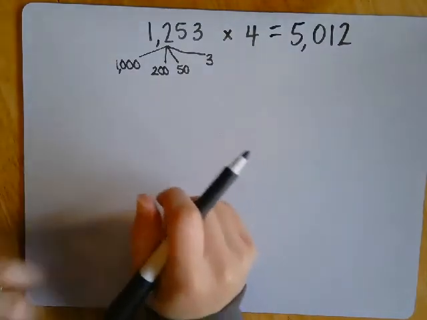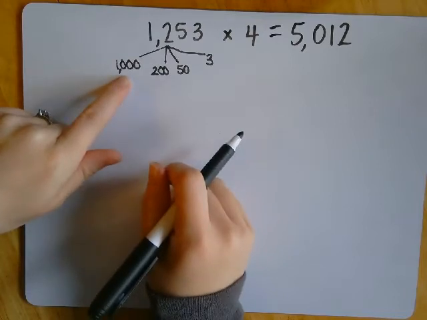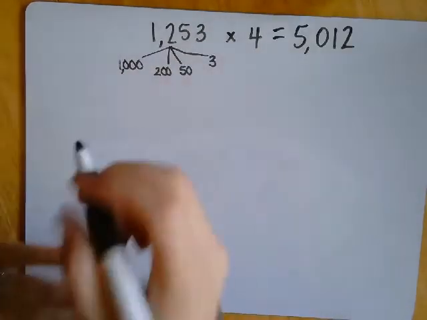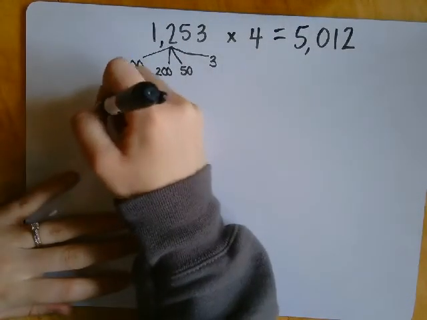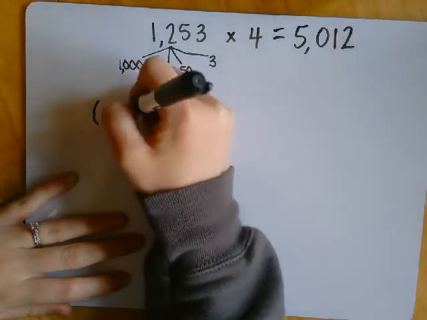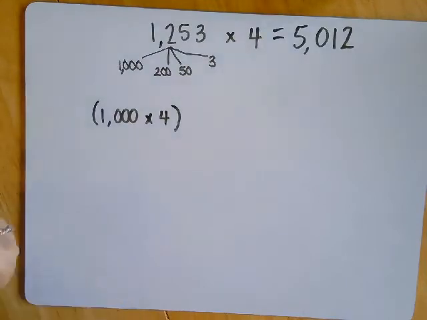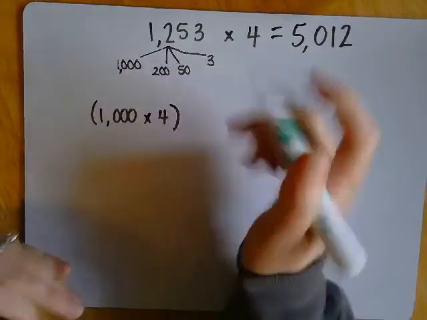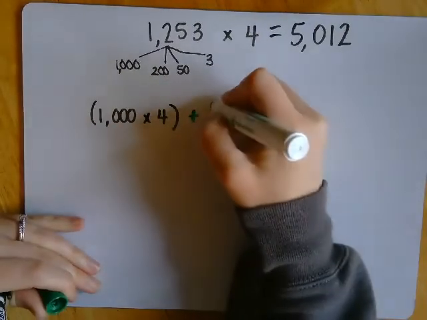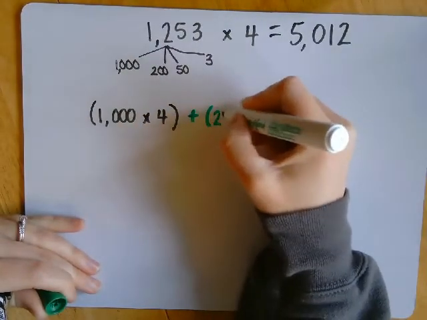So what that looks like is I'm going to take 1,000 and multiply it by 4. But then I need to add that to 200 times 4.